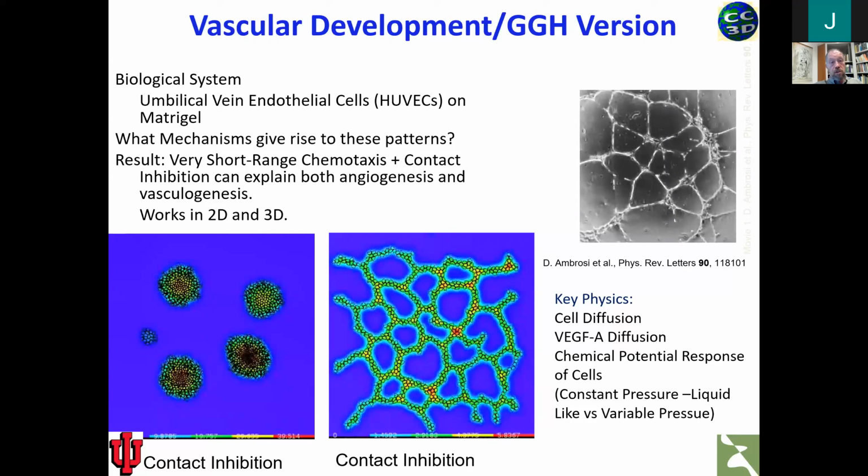But with certain additional assumptions about either cell elongation, contact inhibition of chemotaxis, or particular mechanical properties, we were able to replicate experimentally observed work on vascular patterning in human HUVEC, human umbilical vein endothelial cells.